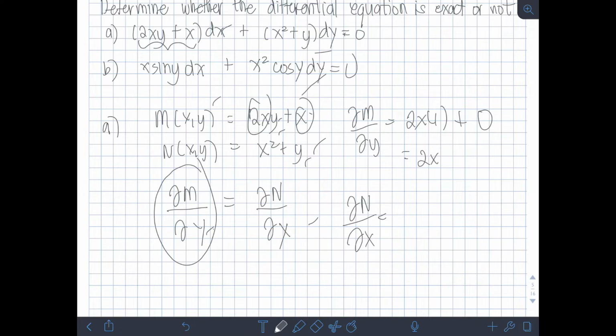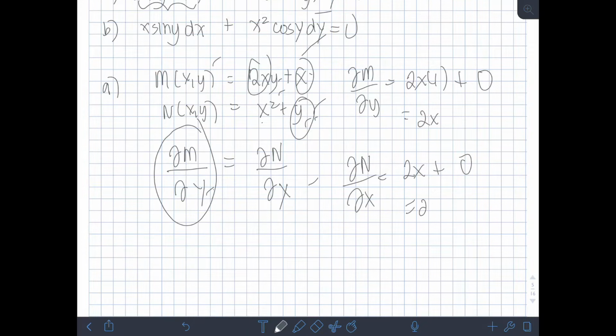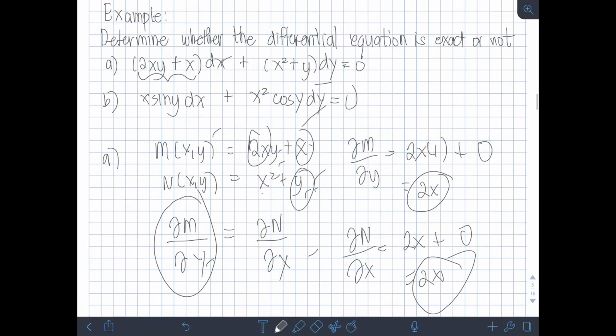So, ito yung titignan nating function, yung N. So, we have constant si y. So, yung x lang di-differentiate natin. Derivative ng x squared is 2x plus derivative ng y dahil constant siya ay 0. So, therefore, we have 2x. So, therefore, equal yung partial derivative ng M with respect to y tsaka partial derivative of N with respect to x. So, therefore, itong DE natin ay exact DE.